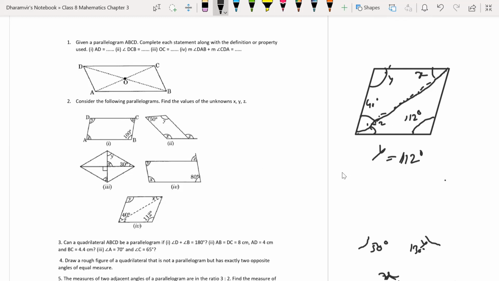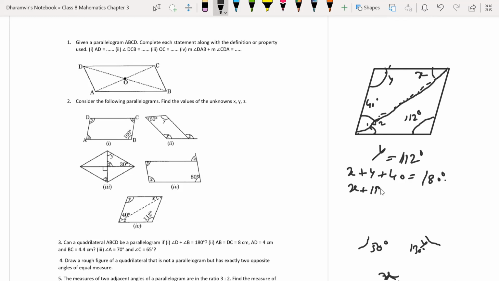So, according to the rule of the triangle, X plus Y plus 40 is equal to 180 degrees.